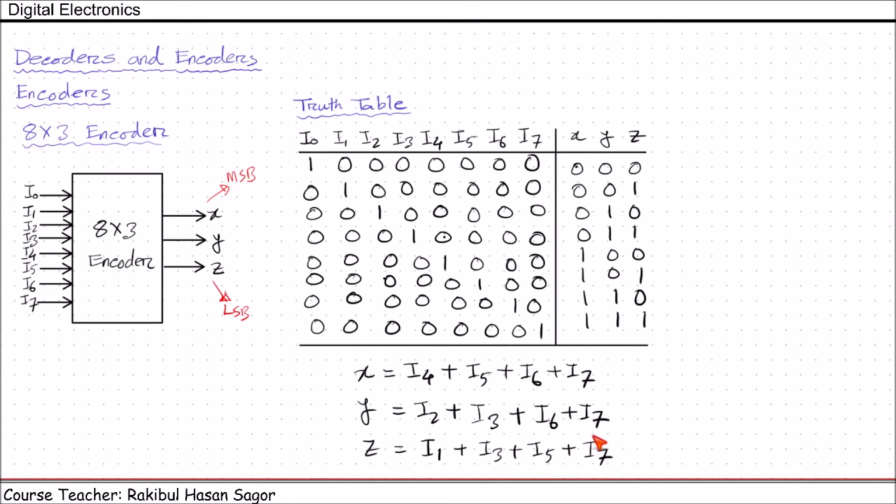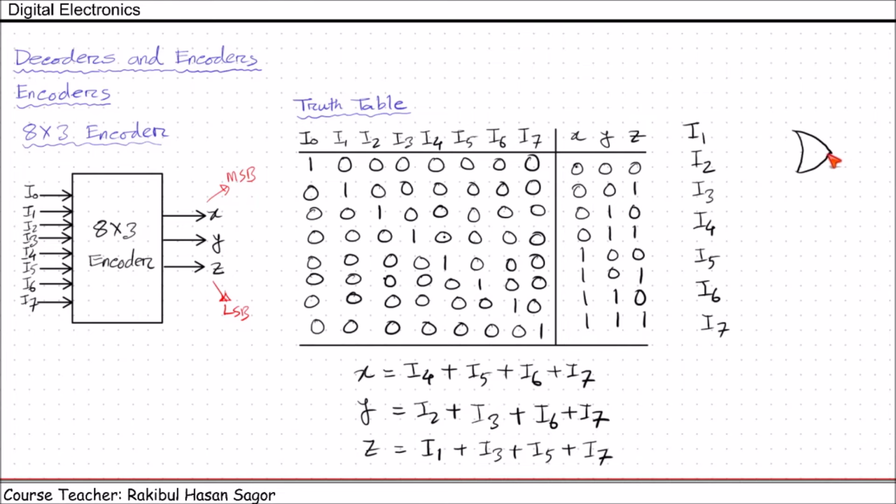Now, if we draw the logic diagram, we record the inputs I1, I2, I3, I4, I5, I6, I7. For 3 variables, we need 3 OR gates.